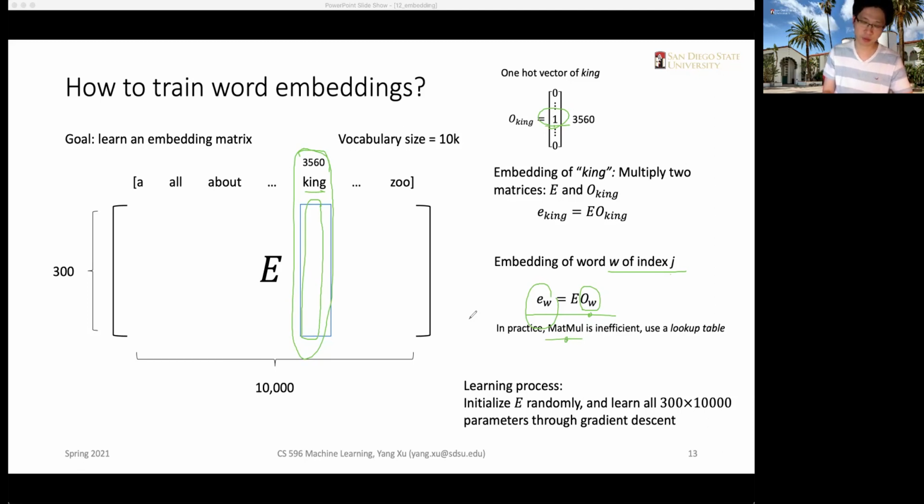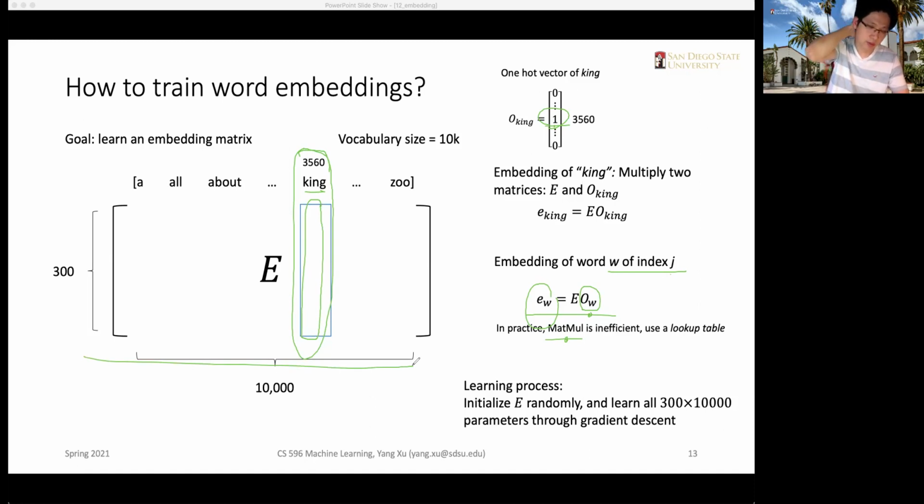Rather, we will use some lookup table, which is provided in PyTorch, for example. It's called an embedding object, and it's an optimized data structure that can store those matrix-like data, and that allows for fast access to the vectors.